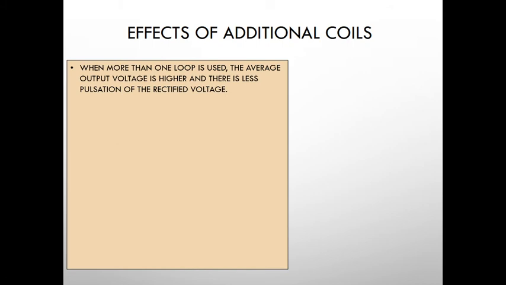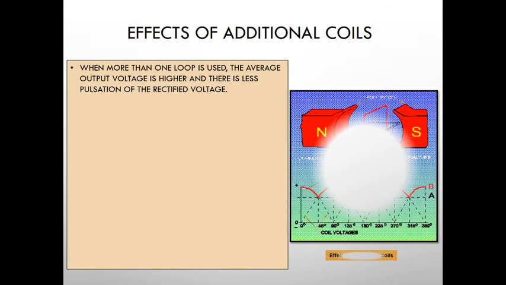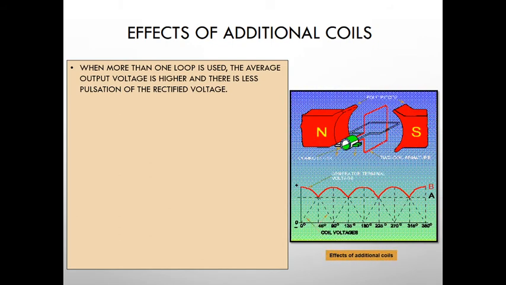When more than one loop is used, the average output voltage is higher and there is less pulsation of the rectified voltage. So daghan pagyud kaayo ang loop, no? For example kani, naa tay pila ka loop. So kanina, one loop lang to, karon 2 loops na.